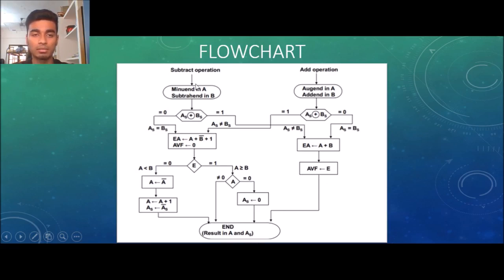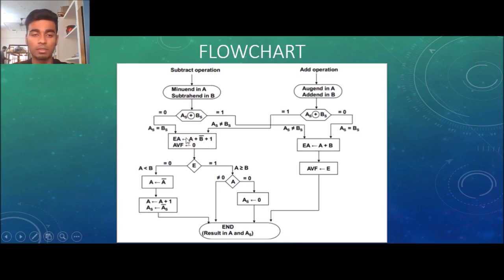Now in the subtract operation, when AS equals BS, first we compute A minus B, that is A plus B's complement, which is B dash plus 1, and store it in EA, and we set the add overflow register's value as 0.